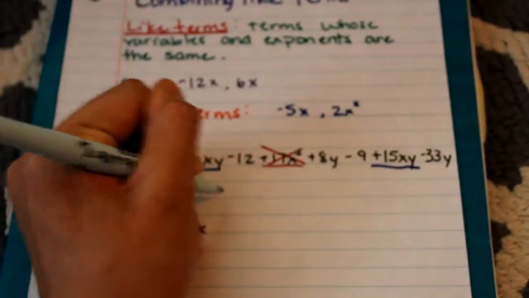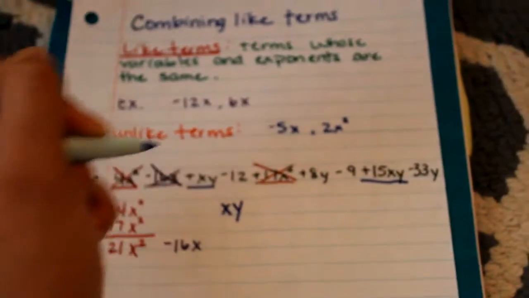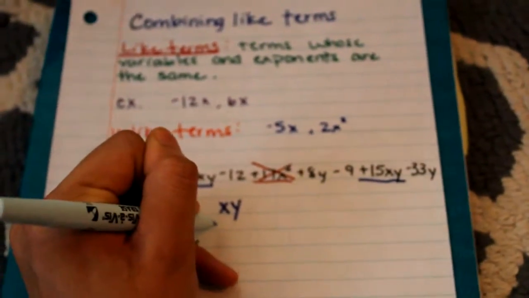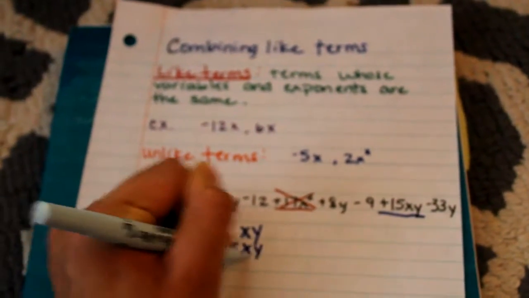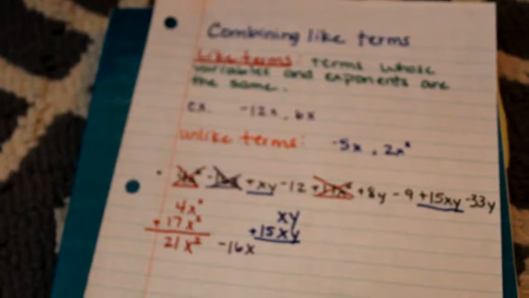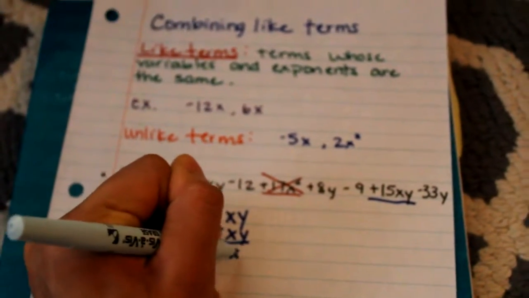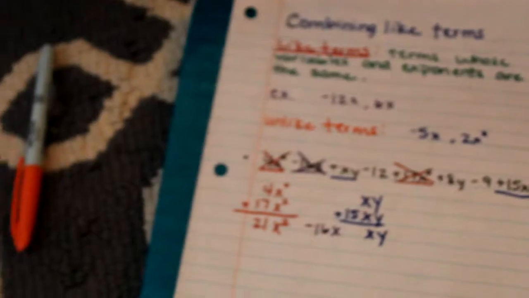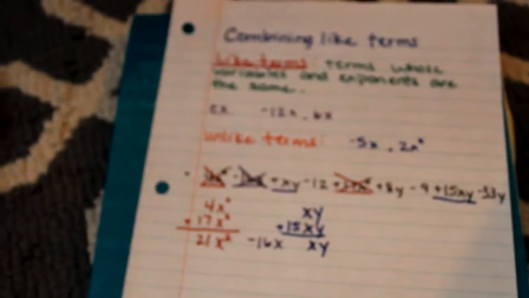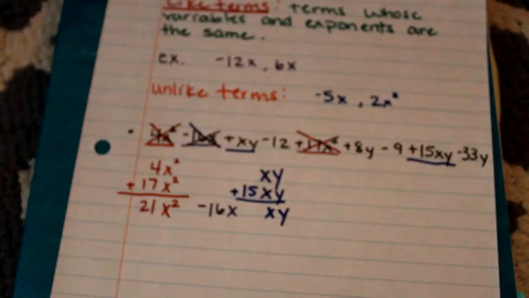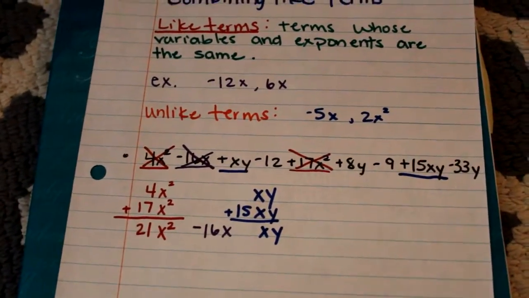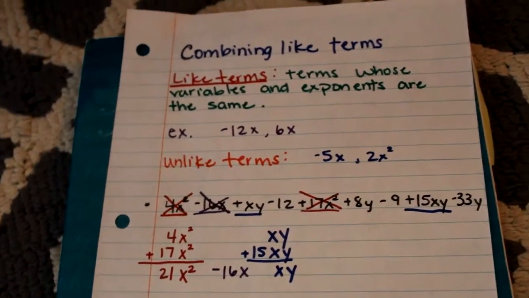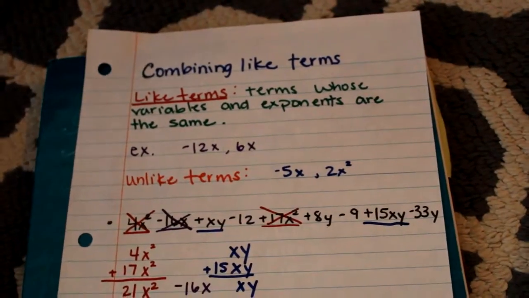Okay, so I'm going to take my plus xy and my plus 15xy and add those together. So remember, I said you're going to leave your variables and their exponents the same, and then we're just going to add their coefficients. So if there's not a coefficient in front of the variables, that means that the coefficient is a 1.